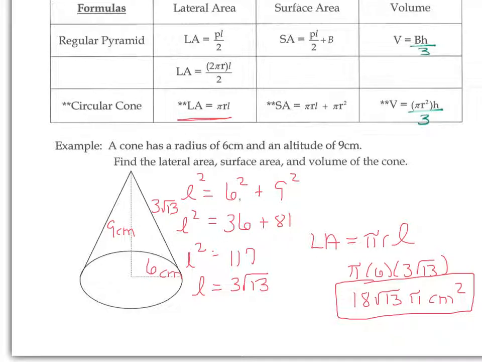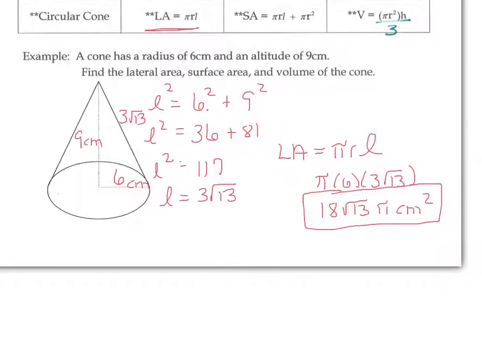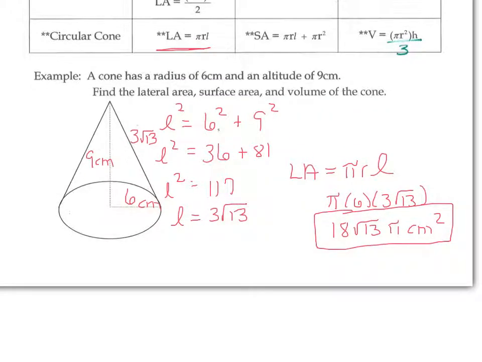All right, now surface area, we've already got half our work done for surface area, because surface area is the lateral area, pi r L, plus the area of the base, which is pi r squared. So we've already got our surface area.